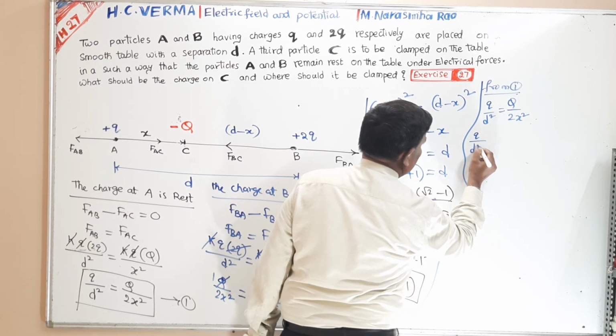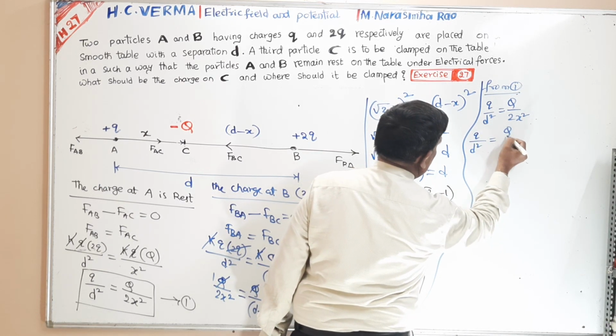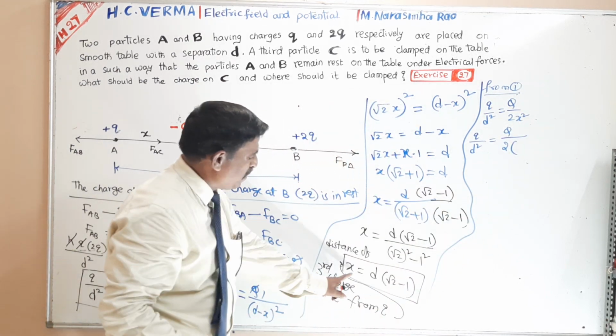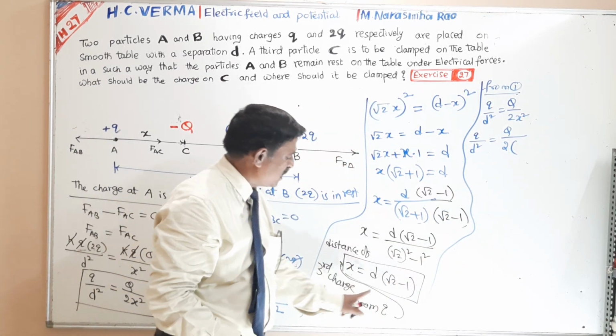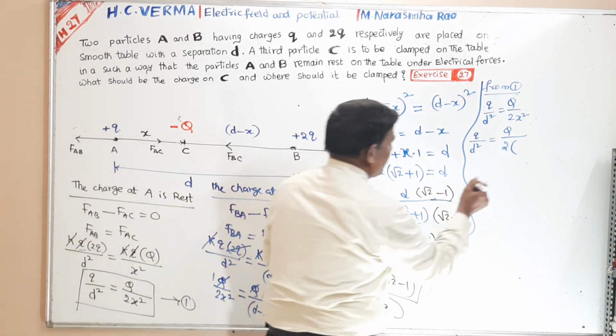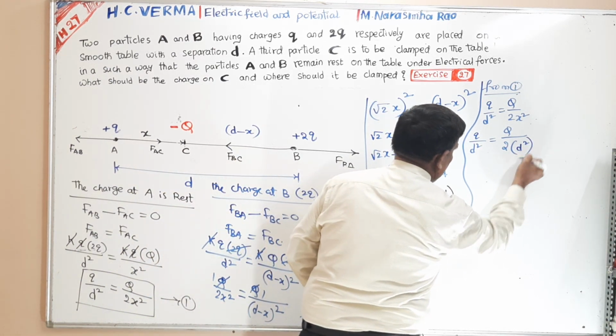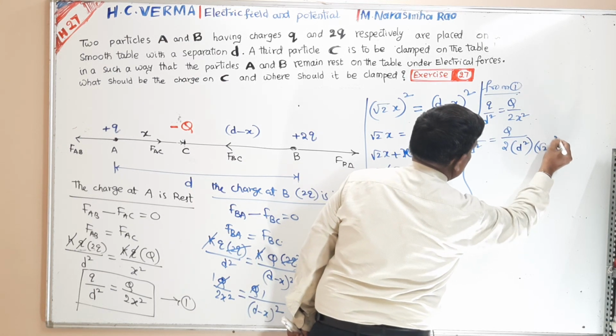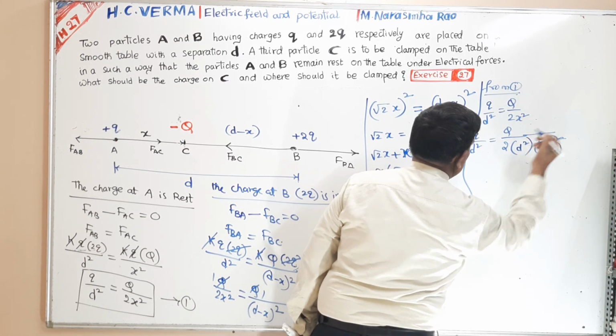Q by D square is equal to capital Q by 2x square. X means D into root 2 minus 1. X square means D square into root 2 minus 1 whole square.